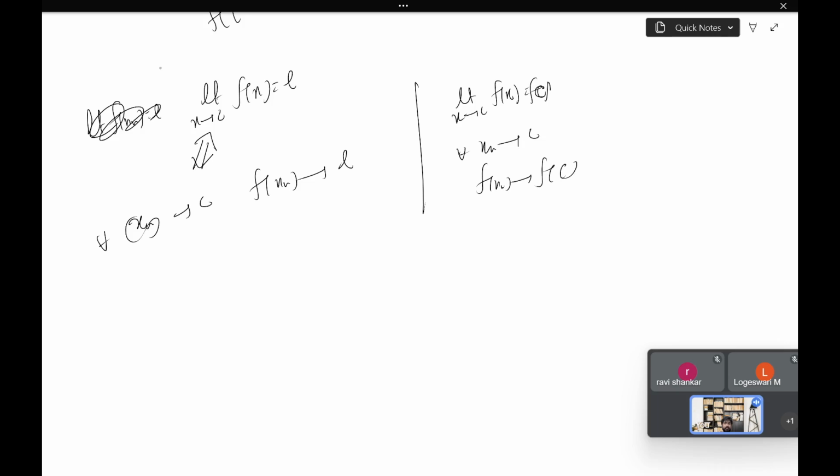These are equivalent definitions, and the major difference is that in the definition of limit, this limiting point c may not belong to the domain, but in the continuity definition this c has to belong to it.